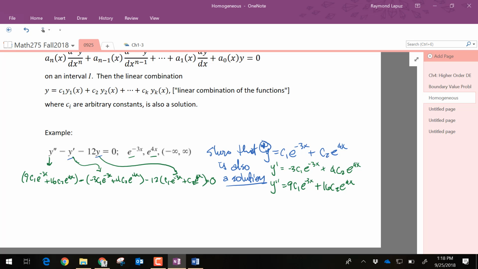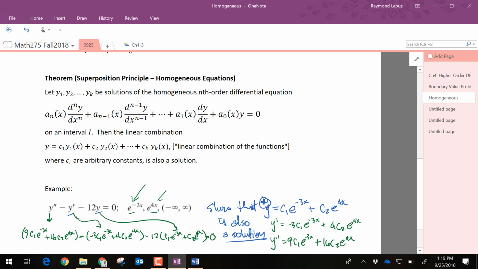A linear combination means you take one of these vectors, or we'll take this function and multiply it by a constant. And then you take another one of these functions and multiply it by another constant. And then you add them together. That's what a linear combination means.